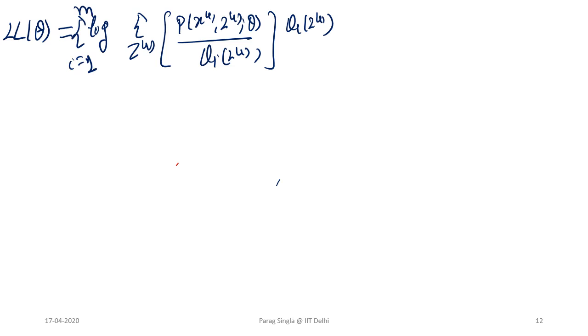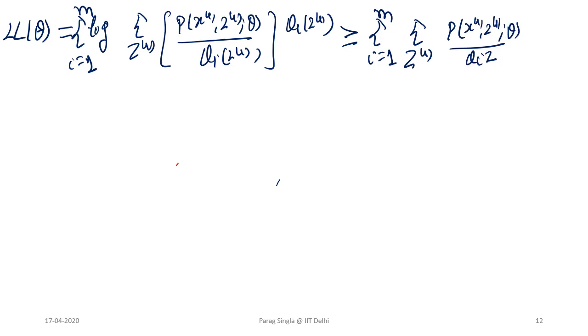So this was the log likelihood of the data, and this is greater than or equal to, using Jensen's inequality, another quantity where we are able to take the sum out of the log, which is summation over zi of qi of zi times log of p of xi, zi parameterized by theta over qi zi. Let me call this LL prime theta.